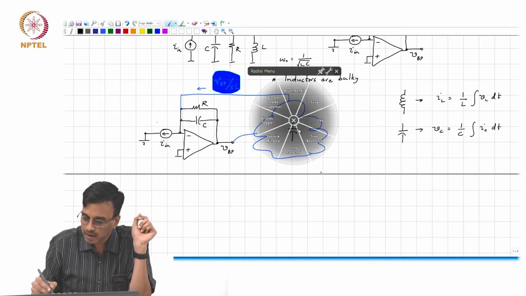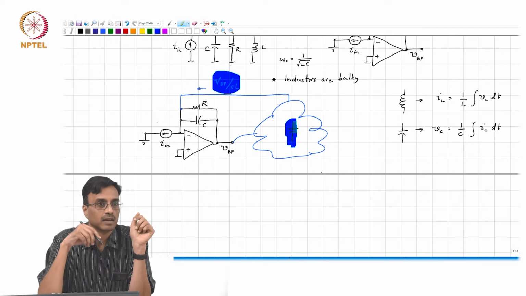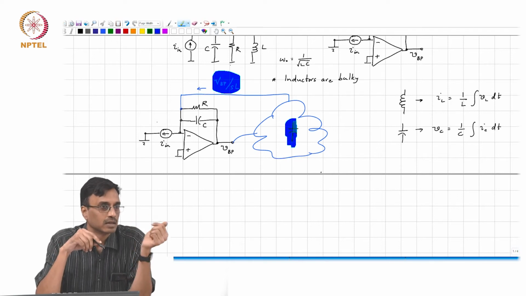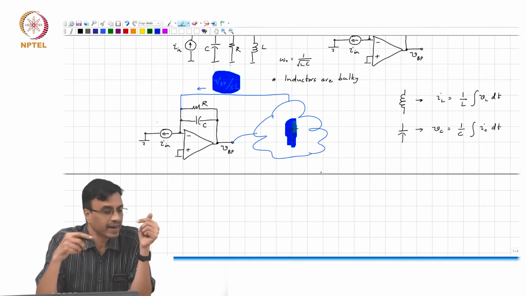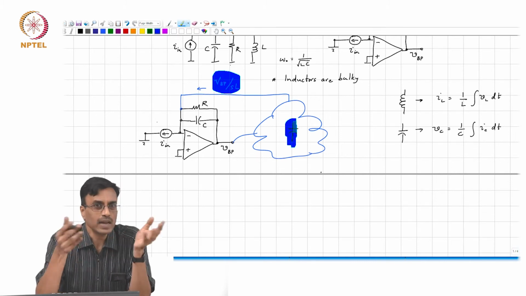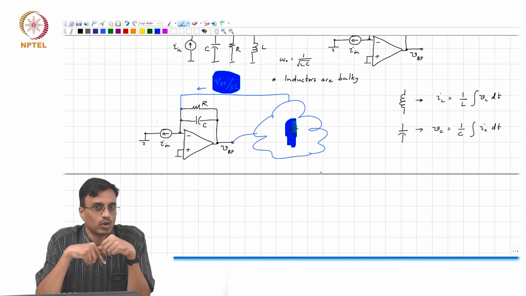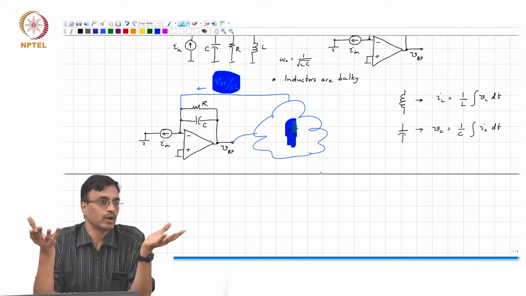We need to integrate a voltage and generate a current which is the integral of the voltage. Our man inside can only integrate a current and generate a voltage, right? So what do you think we should do? What do you think we can do?